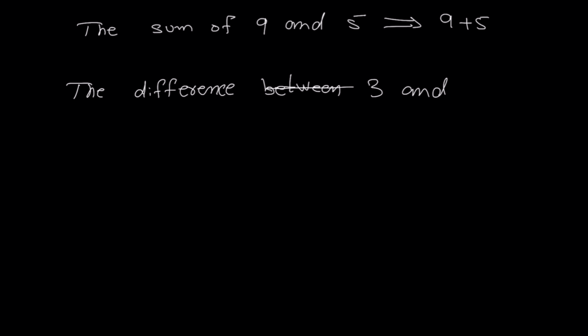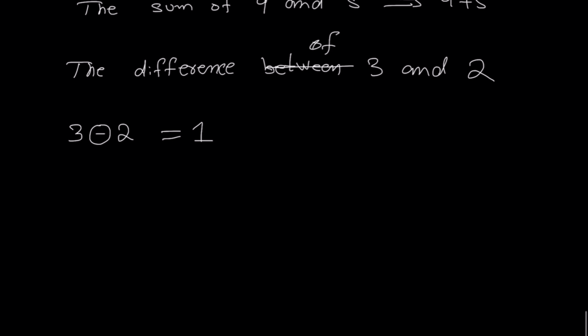The difference of 3 and 2 is simply 3 minus 2, because this is the difference sign, or minus sign, or subtraction sign. The difference between 3 and 2, the result will be 1. We know that's a basic operation of math.